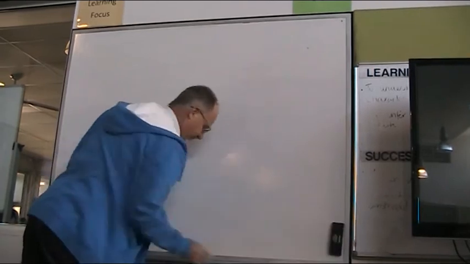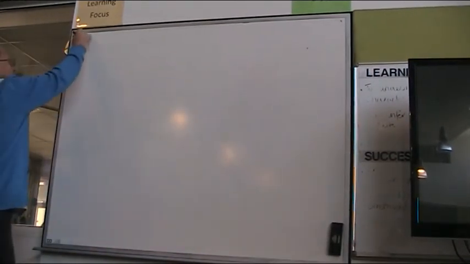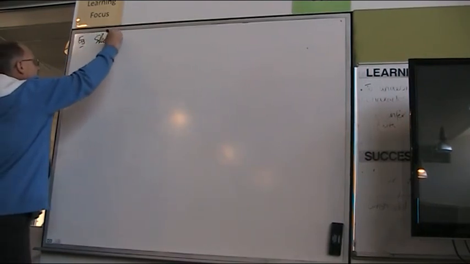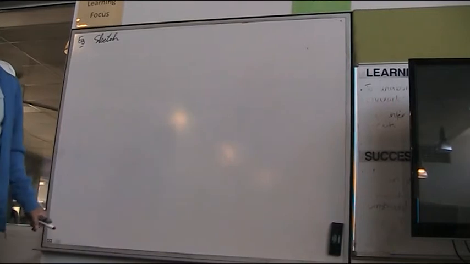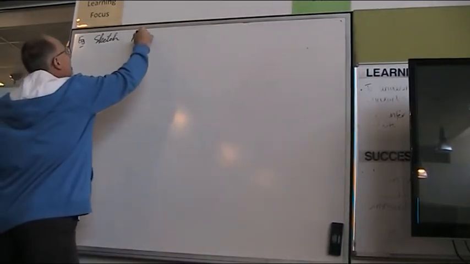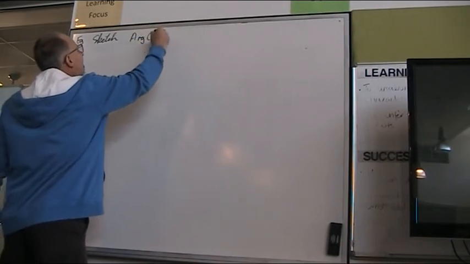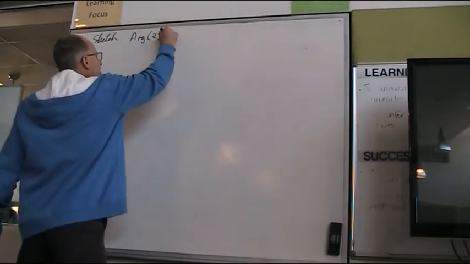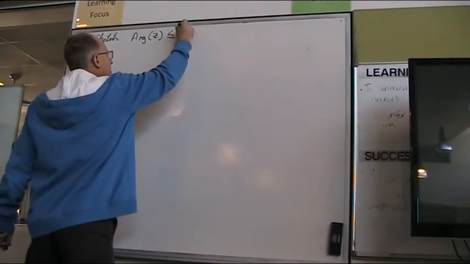All right, so you can have regions. This looks like this one. So sketch arg z is less than or equal to pi on 3.